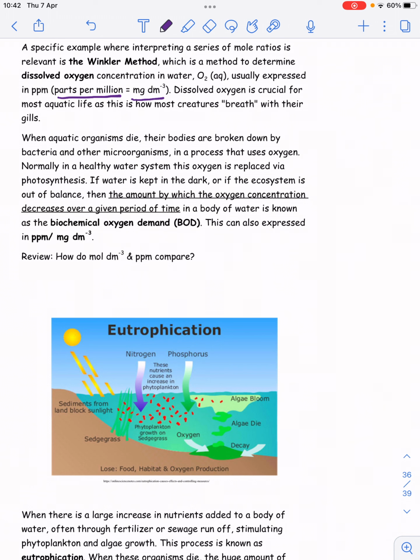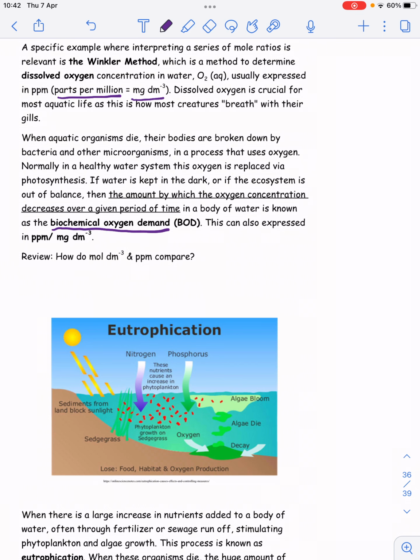Another term that comes up is the biochemical oxygen demand. So in a body of water, there are organisms that are using that dissolved oxygen. Now, normally in a healthy ecosystem, that oxygen is being replaced by photosynthesis, by aquatic plants that are producing oxygen. And so the amount of oxygen stays about the same in that body of water.